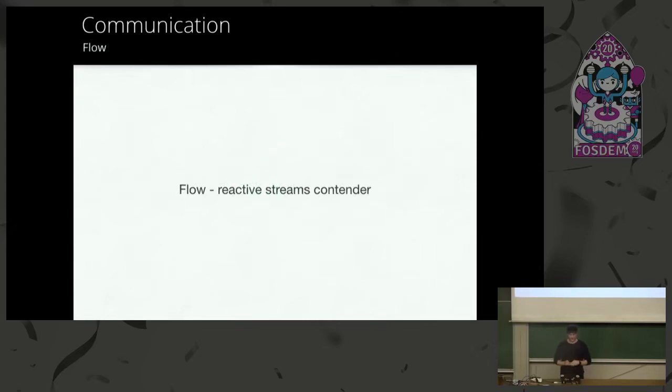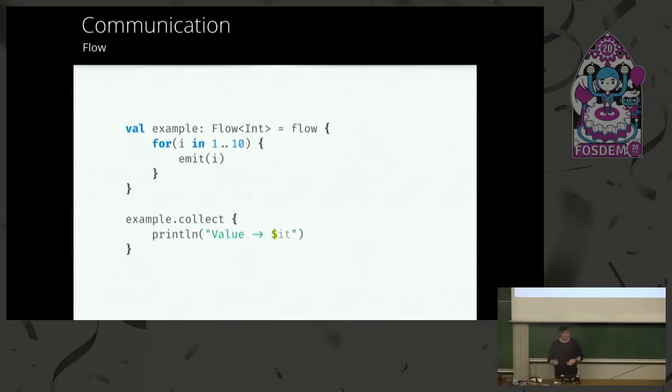Still have some time to go over Flow, which is the Kotlin way of reactive streams. And it's kind of similar to channels, but not really. You have an emit function instead of send, and you have collect or other terminal operators, but the most common one is collect instead of consumeEach. But they're basically doing the same thing.